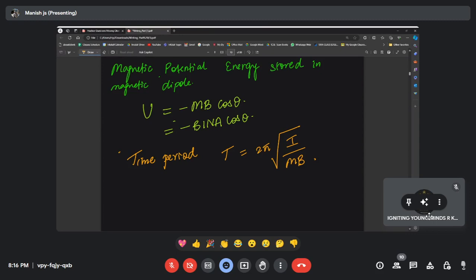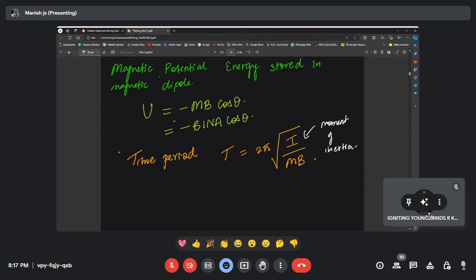Here, it is very important to note that I is basically your moment of inertia. The capital I which I have used here is not the current I. It is the moment of inertia. M is the magnetic moment as usual, and B is nothing but your magnetic field.